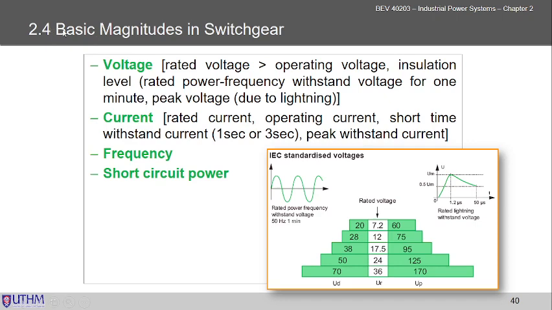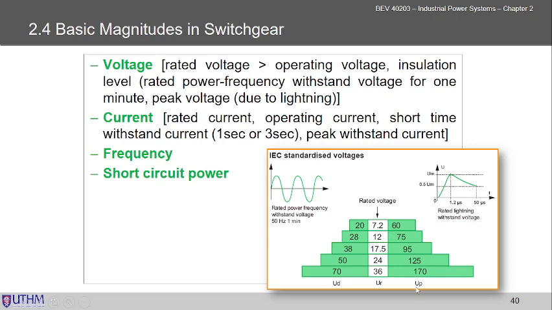Basically, the magnitudes in the switchgear we normally consider are the voltage, current, frequency, as well as short circuit power. Let's say this is the rated voltage, 7.2, and the maximum it can go is up to 60 here. Let's say you choose 12 kV, so the maximum it can go is the upper.